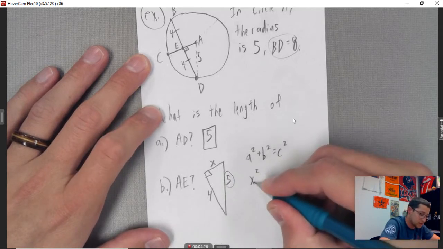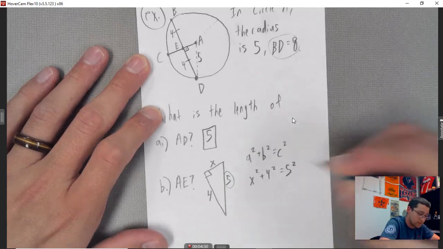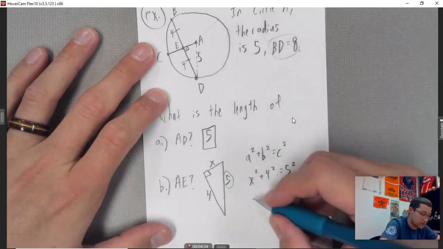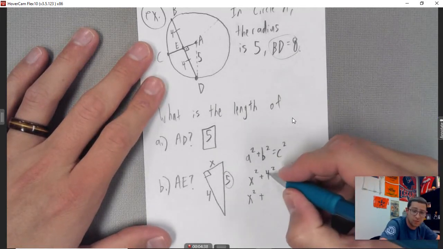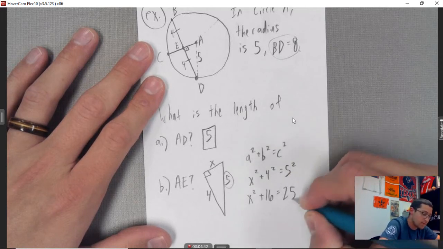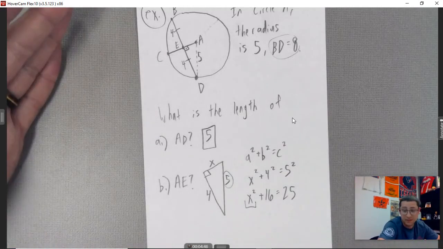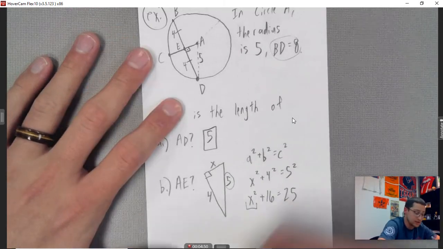So I'm going to set this one up as x. X squared plus 4 squared is equal to 5 squared. Can't do anything with this x squared, so I'm just going to bring it down. Remember, we always want to work down with the Pythagorean theorem. 4 squared is 16, 5 squared is 25. Our goal is to isolate x squared, and then we take the square root.